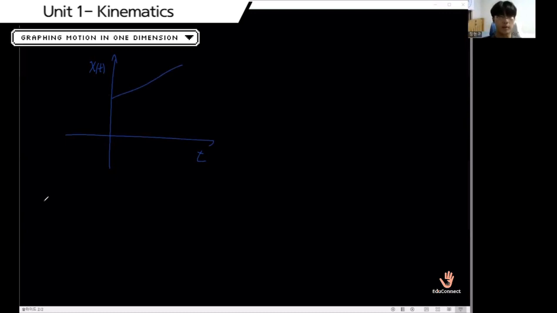The slope of the line represents the change in position per time, which is the average velocity. Note that the slope could be negative, and that would represent an object changing its position in the direction defined as negative. In this example, the function that defines the curve is x of t equals vt plus x initial.